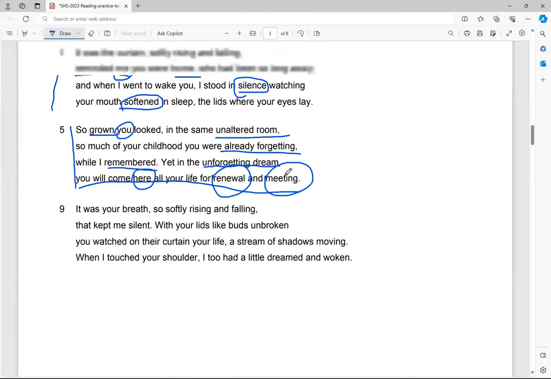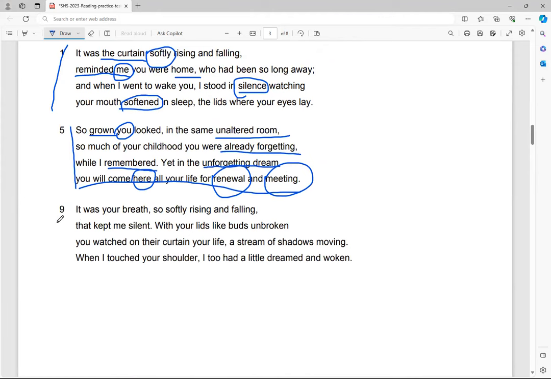So let's look at line 10. So this is line 9, that means this is line 10. And I know that the question tells us to look at line 10, but it's really important that we read the line before and after line 10 to get a better idea of the context of line 10. It was your breath, so softly rising and falling, that kept me silent, with your lids like buds.